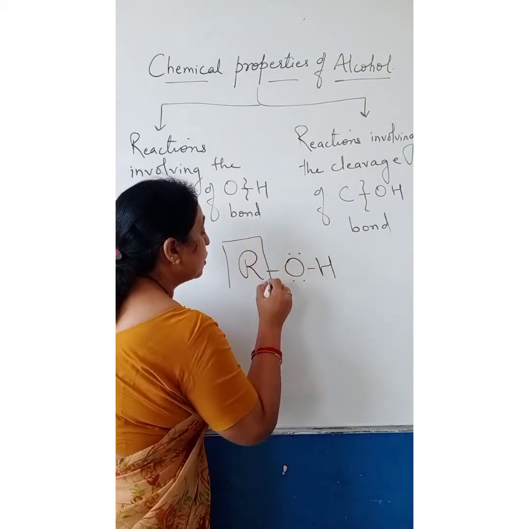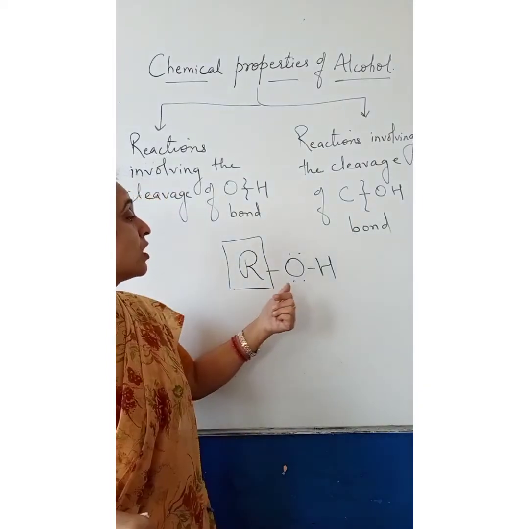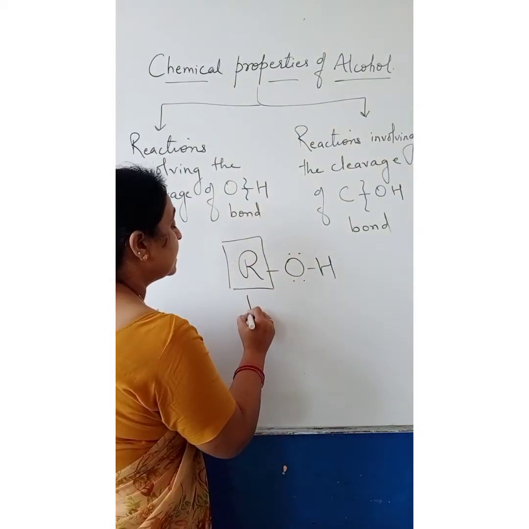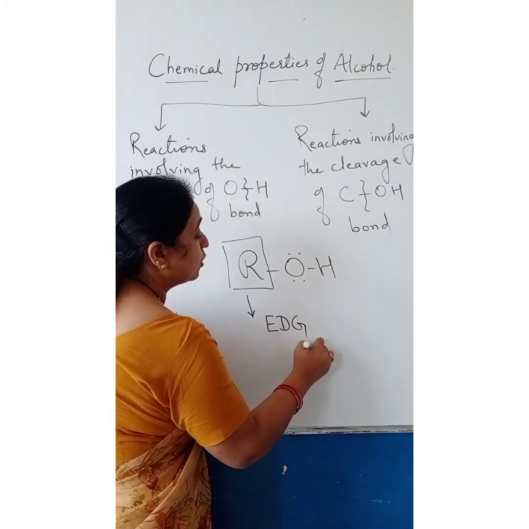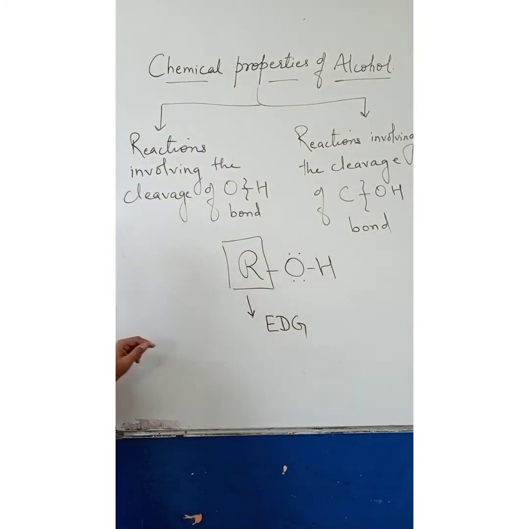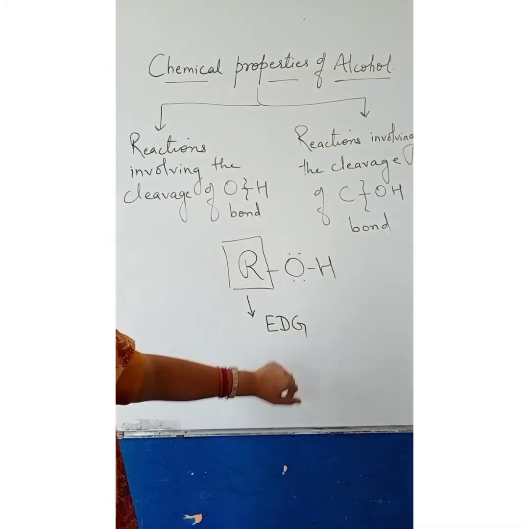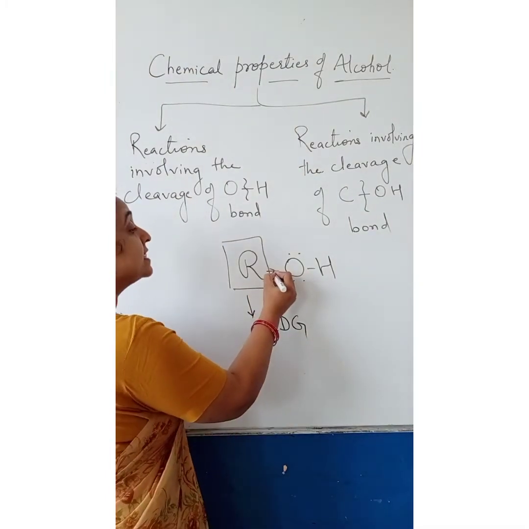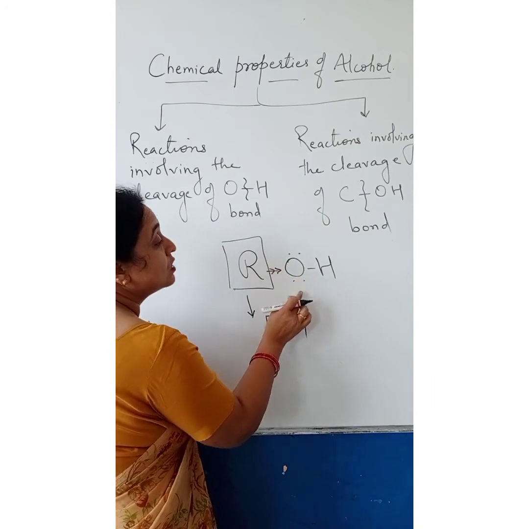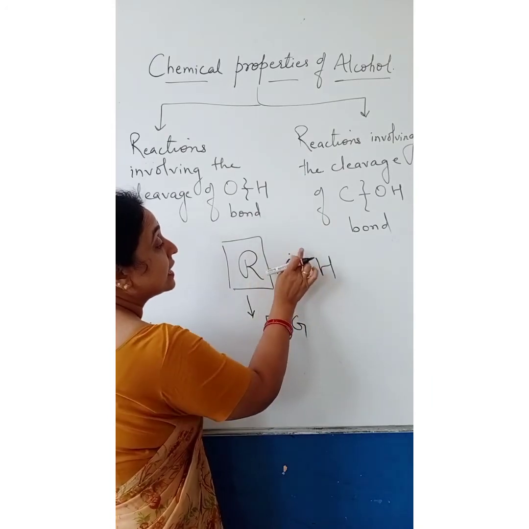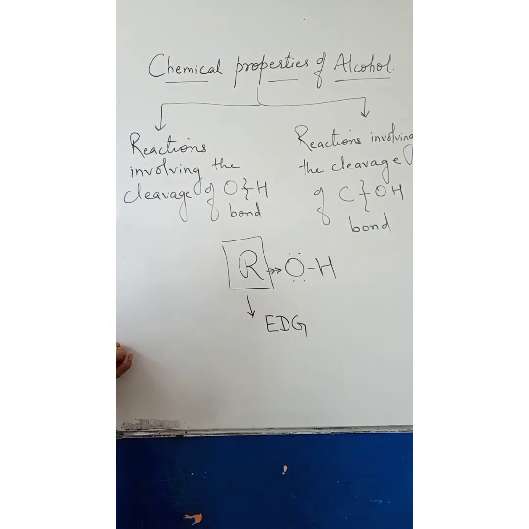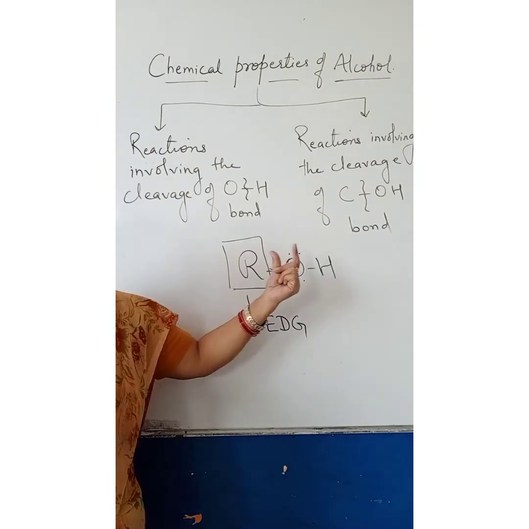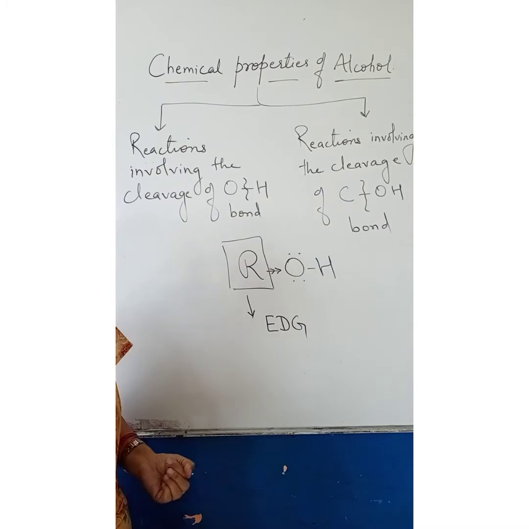This alkyl group which is attached to this oxygen is an electron donating group, or in other words we can say it is an electron releasing group. So it releases the electrons and increases the density of electrons on oxygen. So as a result of this, the polarity of OH bond decreases.